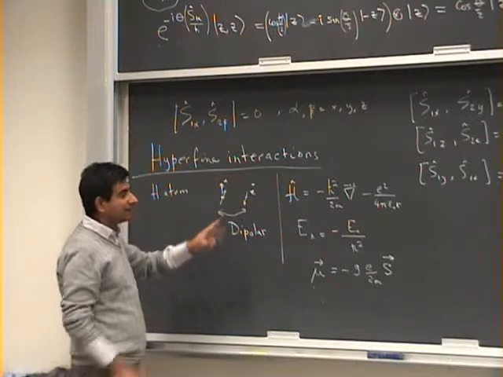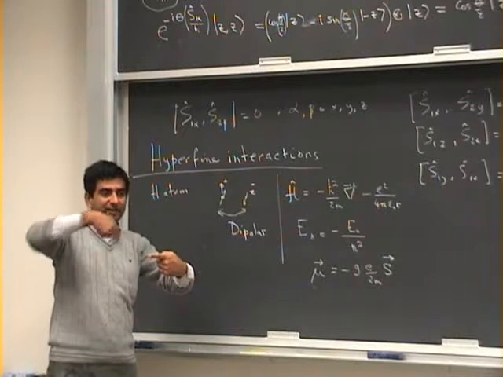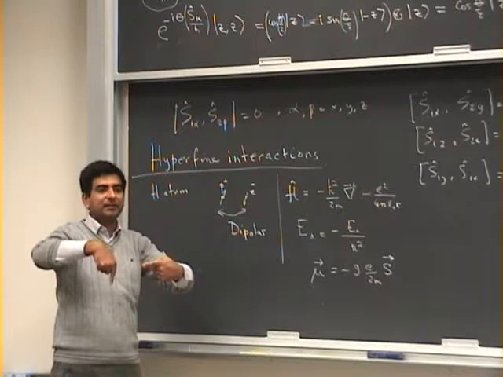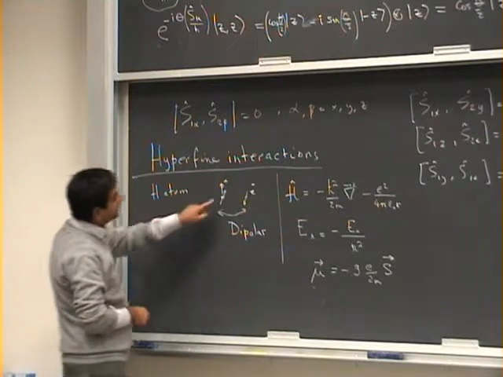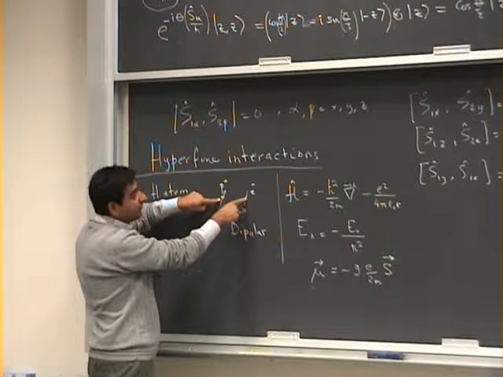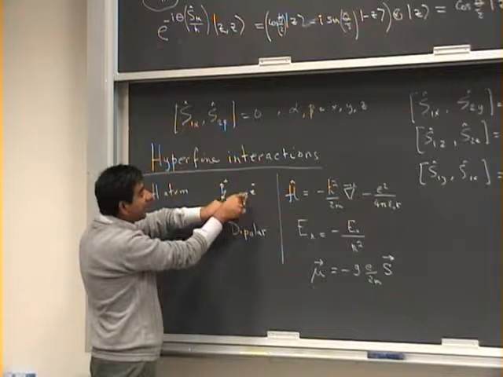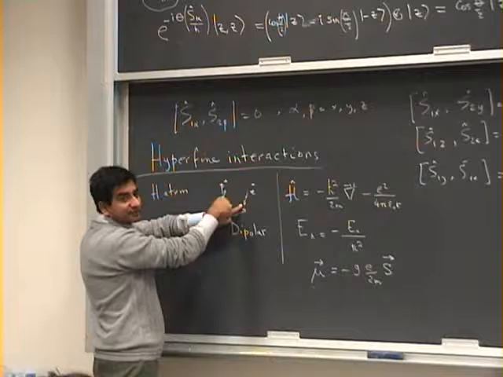Just like two magnets that are parallel will have a different energy of interaction than two magnets that are anti-parallel, or two magnets that are crossed. Or you can also think that this magnet, which is the proton, has a certain magnetic field at the site of the electron. So this magnetic moment placed inside the magnetic field of the proton will have a certain energy, and vice versa.